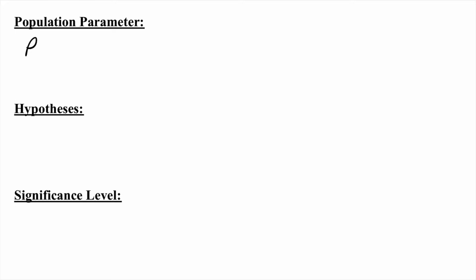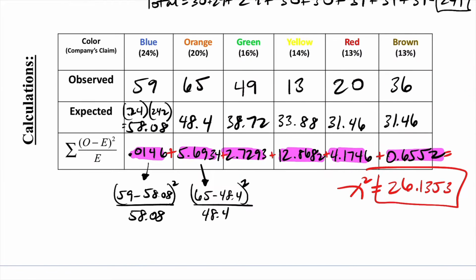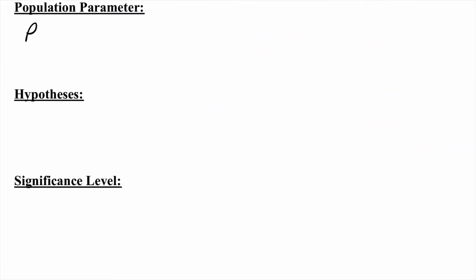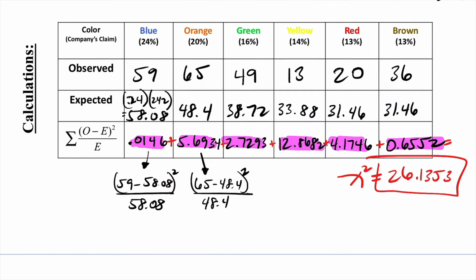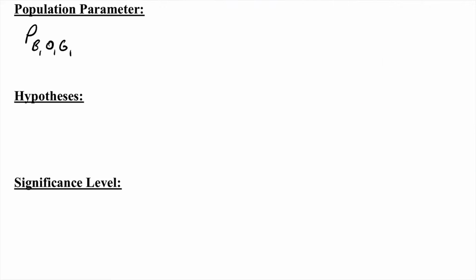First of all, it's going to say the true proportion, but one for each color. Blue, orange, green. So I'm going to put a B, O, G, yellow, red, brown.